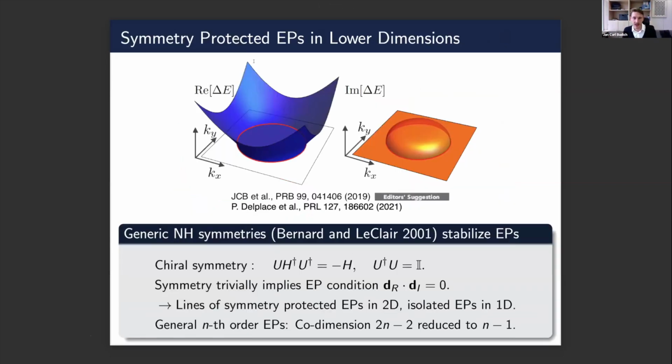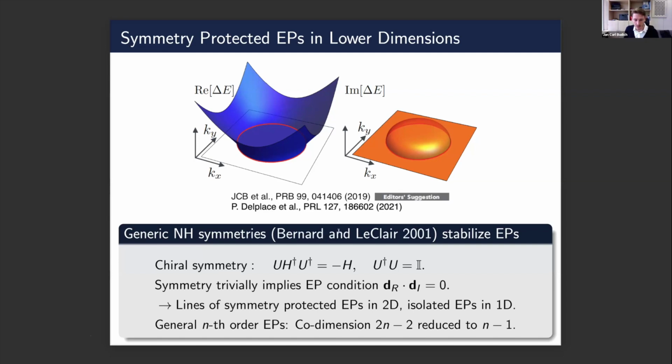Right, this becomes even more interesting, or somehow more stable, this game of non-diagonalizable degeneracies, if we add symmetry. So this has been so far without any symmetries, and there's a whole zoo of symmetry classes which has been started by Bernard and Leclerc here in 2001, and later been completed and elaborated on by many other authors.